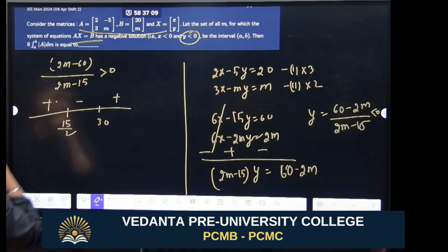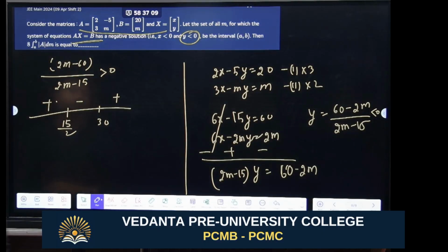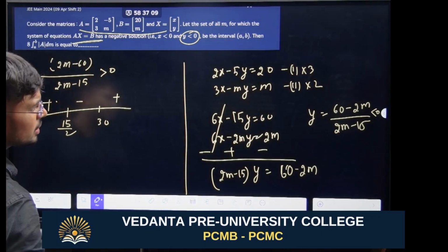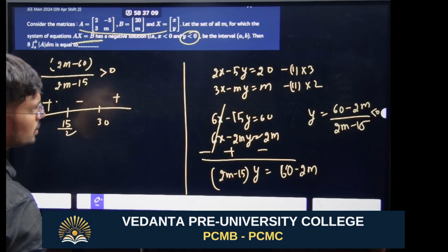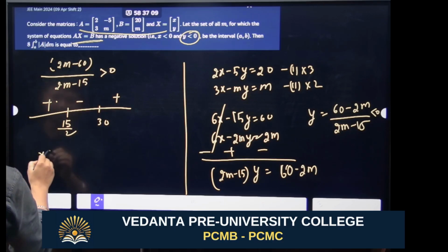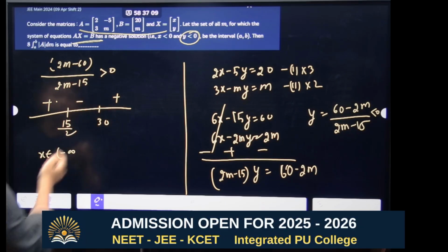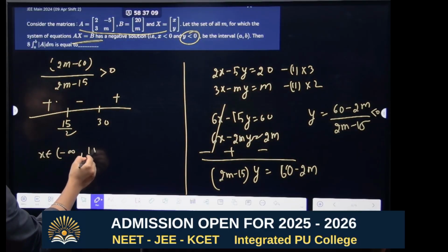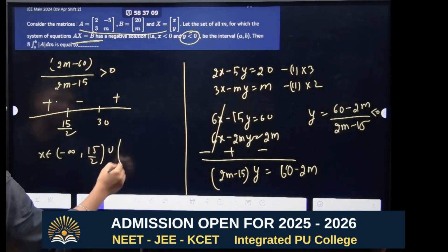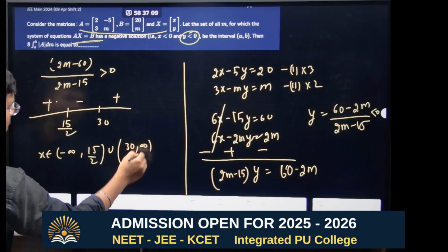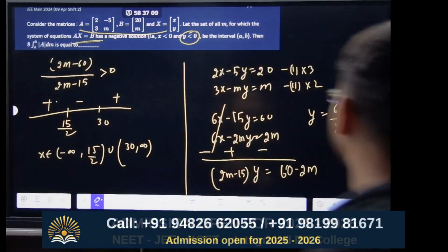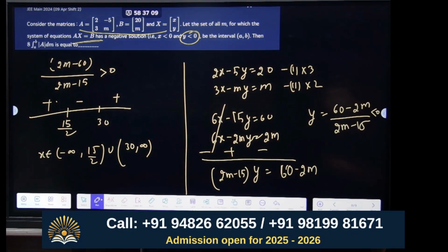Let's correct everything. There was a mistake here. The equations are 6x minus 15y is 60 and 6x plus 2my is 2m.